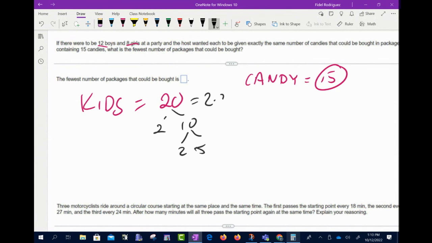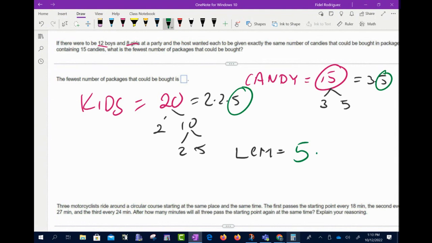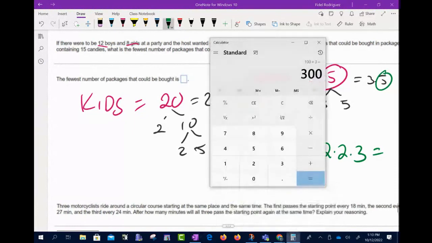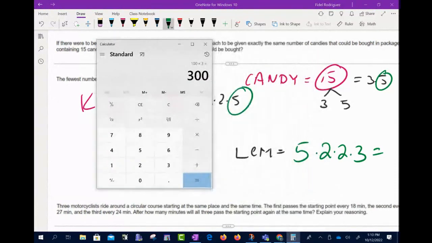So 20 has 2 2s and a 5. 15, y'all, is just 3 and 5, okay? So for my least common multiple, I'm first going to find the number that we have in common, which is 5, and then whatever is left over. So we got 2 2s and a 3, okay? So 5 times 2 times 2 times 3 is 60, okay?